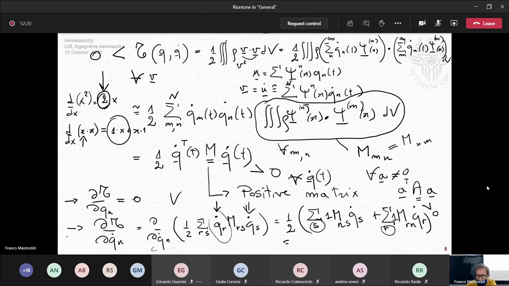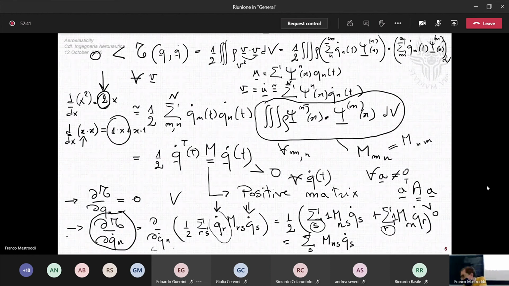And so the final result is the following: a unique summation, for example over s, of M_ns times Q dot s. And this is this derivative.